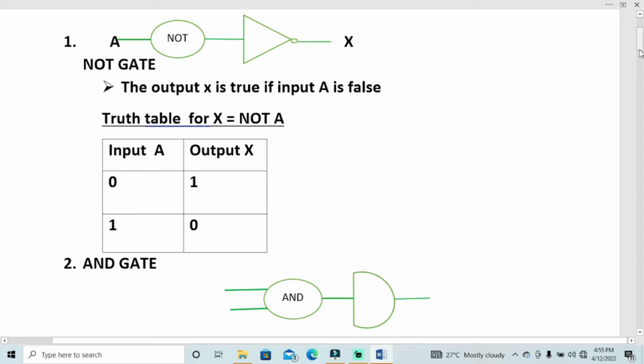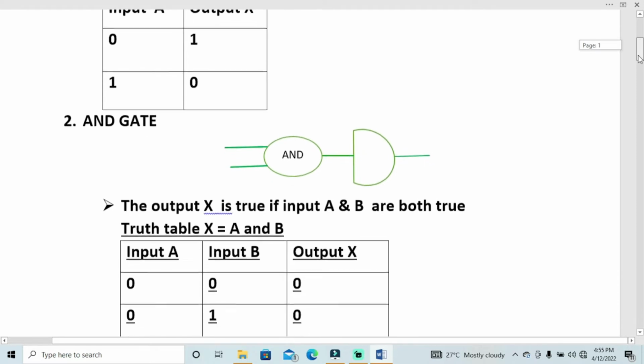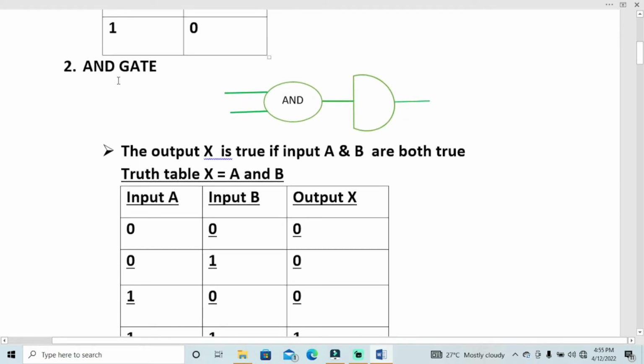Let's go to the second one, which is the AND gate, and the AND gate is drawn like this.